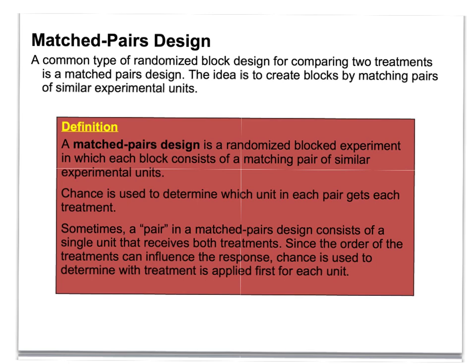We still use chance or random sampling to determine which unit in which pair gets each treatment. So if I were to use my example of the stress level, I would then flip a coin or roll a dice or do some sort of random number table and decide those two people who had the most stress, which one gets the treatment and which one gets the placebo. So that there's still randomization and there's chance.